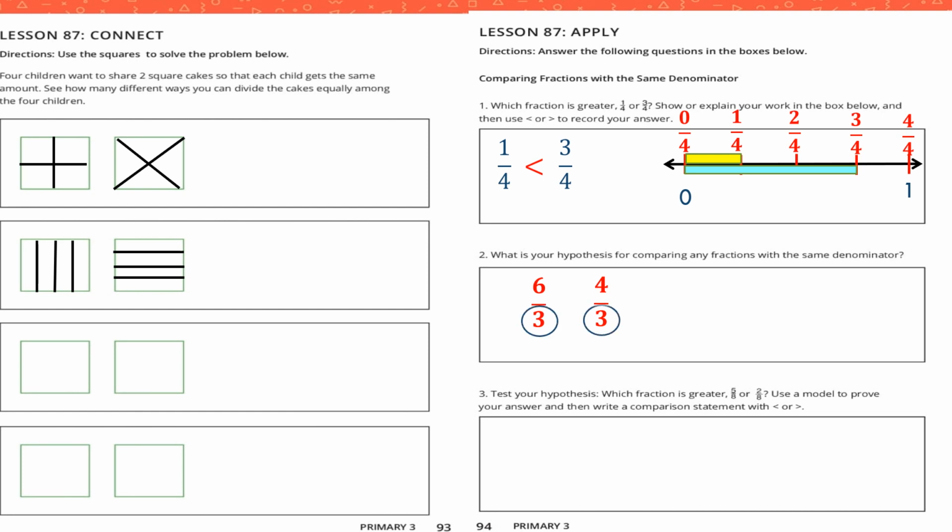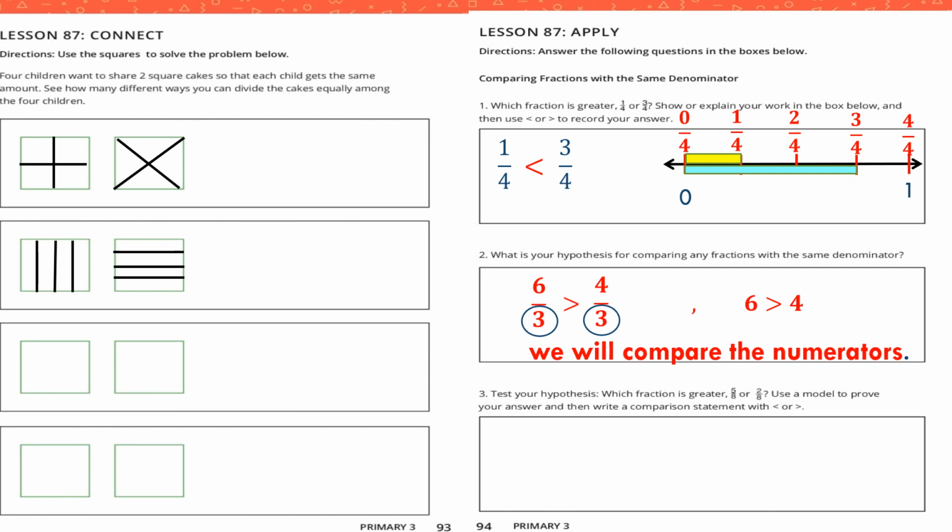Because we have same denominators. So you must look up. Which is bigger in normal, 6 or 4? Yes, 6 is bigger than 4. So 6 over 3 is greater than 4 over 3.